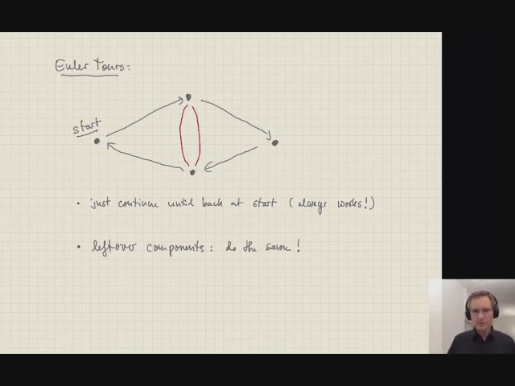So it's going to be again graphs with even degree. And I can just do the same on all these components again. Here this would be just a component consisting of these two vertices and these two red edges. And indeed, I can compute an Euler tour also here by just going back and forth.